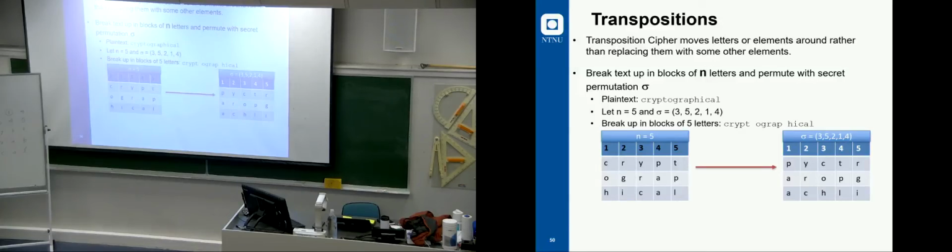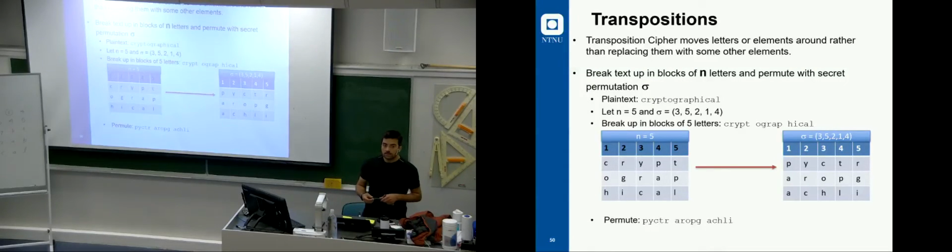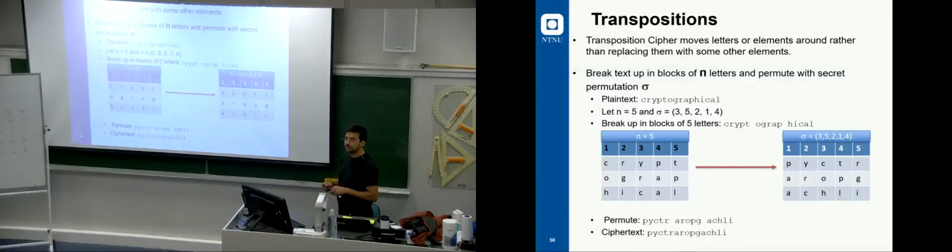That will be the permutes, and that can be the actual ciphertext as well. Did you get this? And what I combine will be my ciphertext.